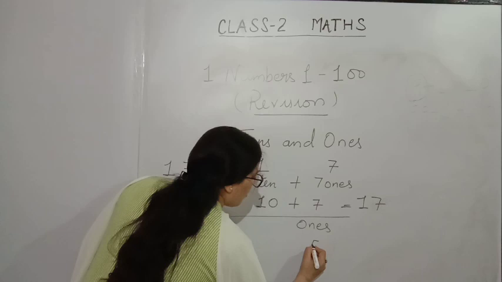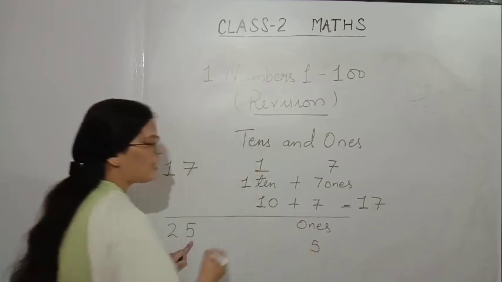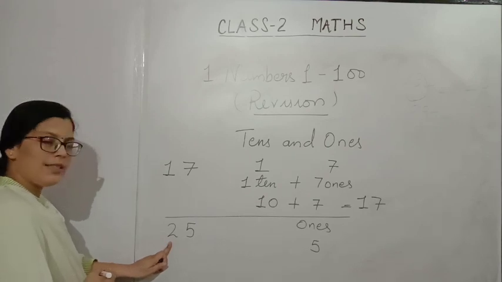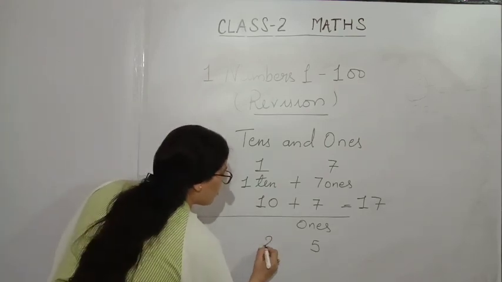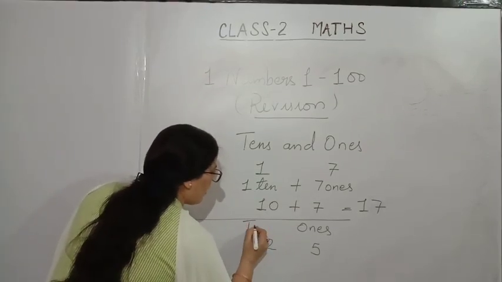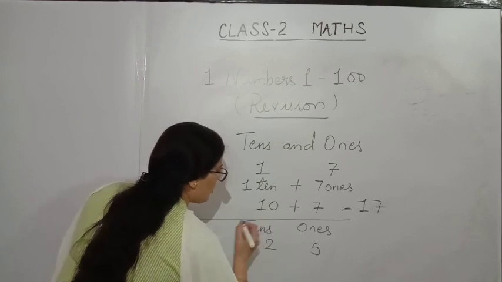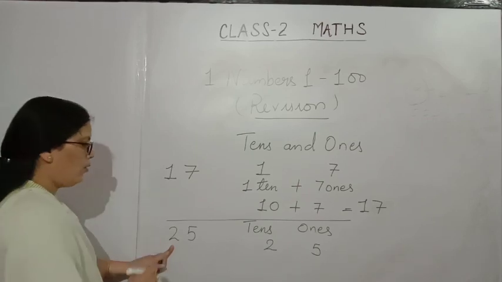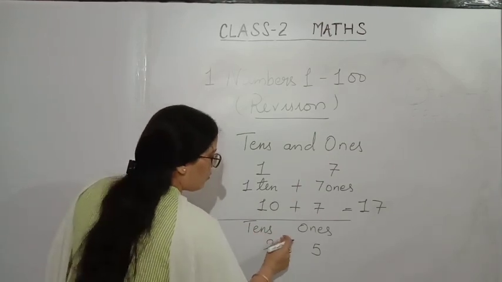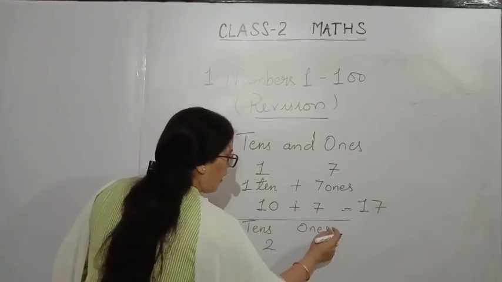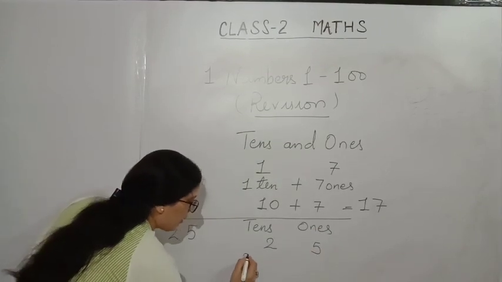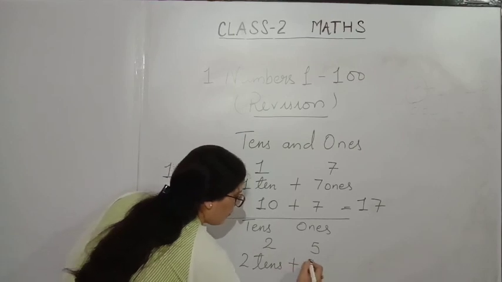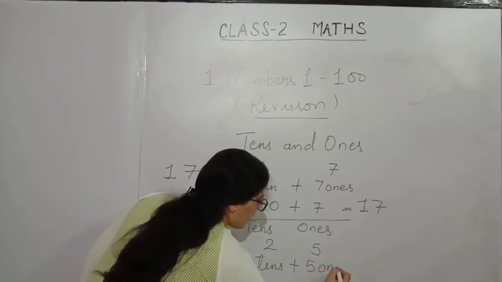So we'll write 5 at ones place, and the number written at the left hand side, it is 2, has tens place. Now we can write it as 2 tens and 5 ones.